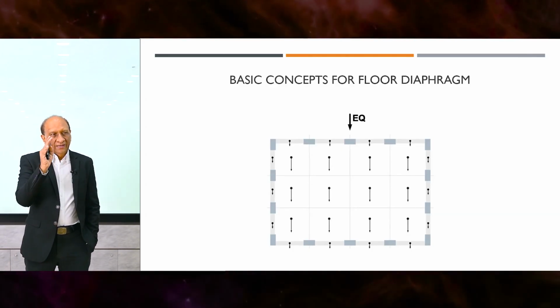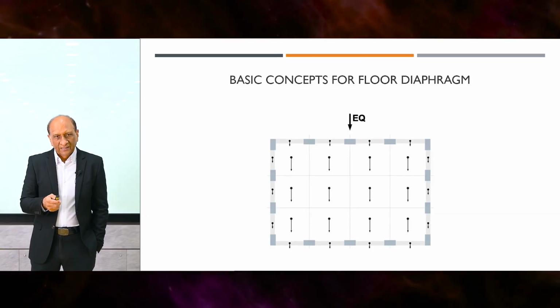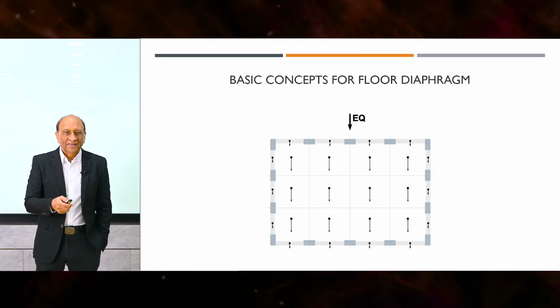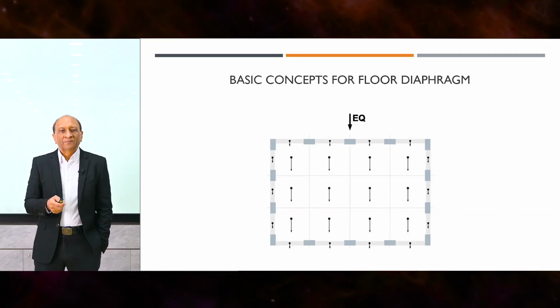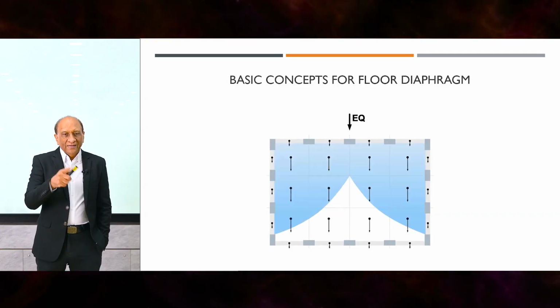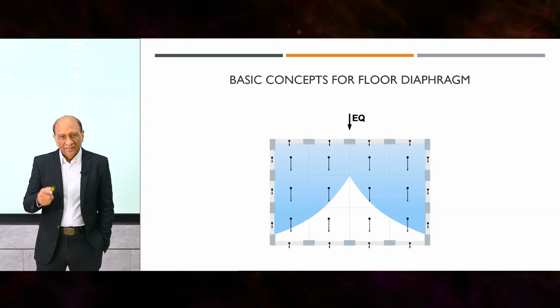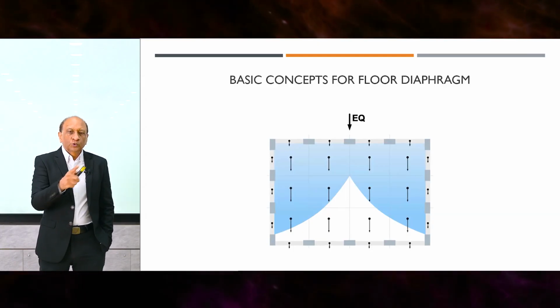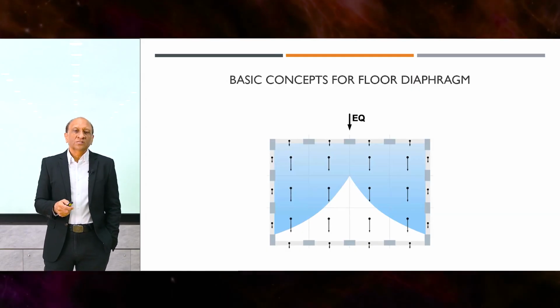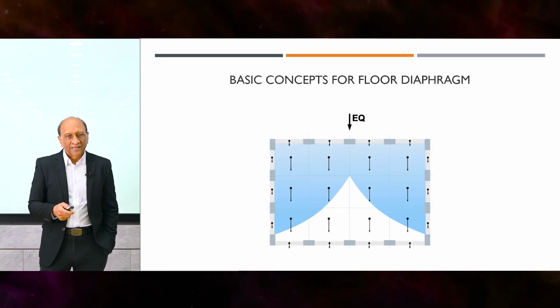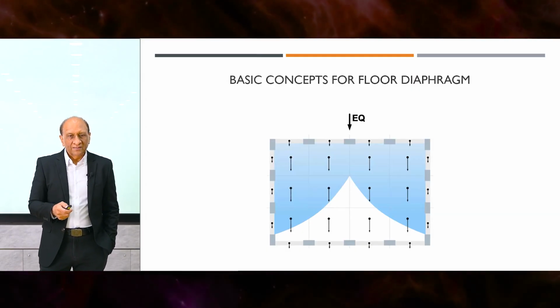So the total will be an equivalent force that we have represented by EQ, but actually there's no applied force like that. So those forces which are being generated then create this zone of compression this way, and they will transfer to the side walls or to the supporting structure. This is an idealized case. I will go to more real cases in a minute.